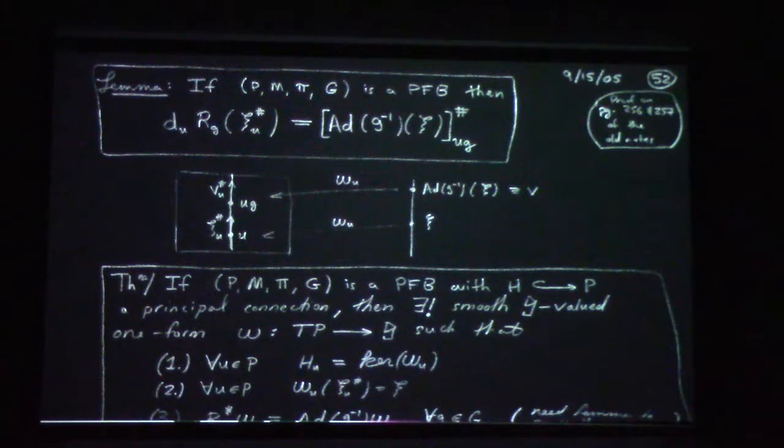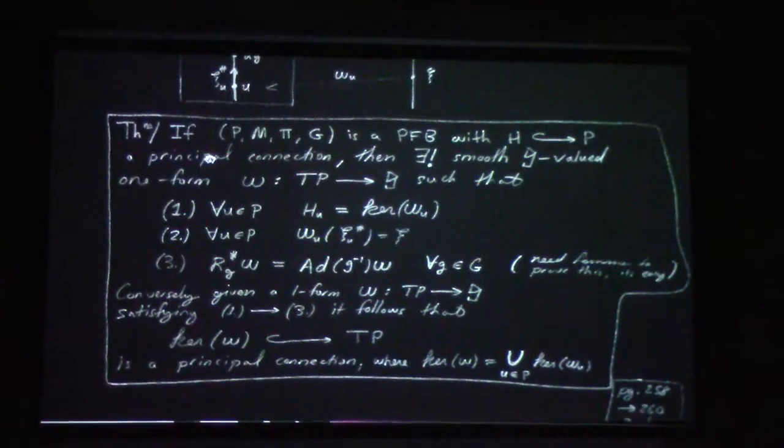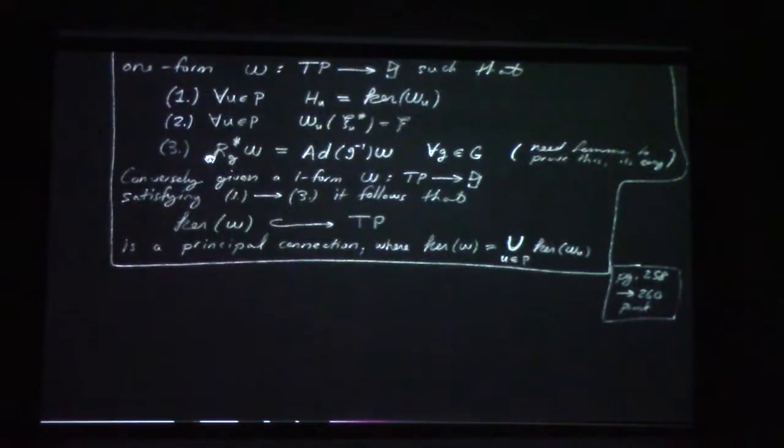Let's see here. So the horizontal space is the kernel. The range of it is basically filling out vertical vectors. Well, I shouldn't say the range, I'm sorry. And that formula. All right.